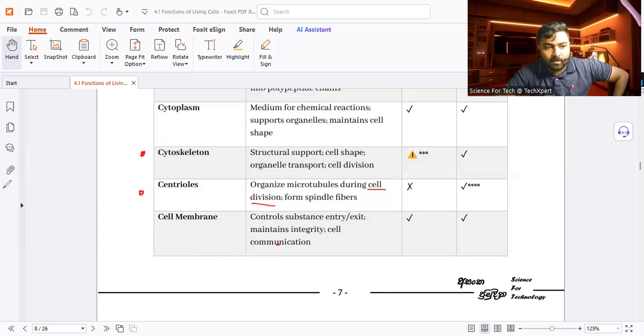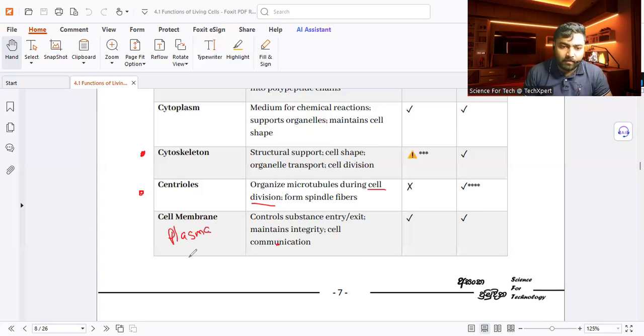Okay, cell membrane. This is known as the plasma membrane too.